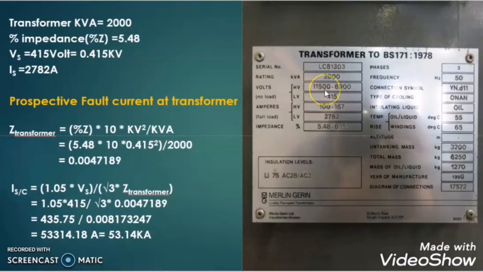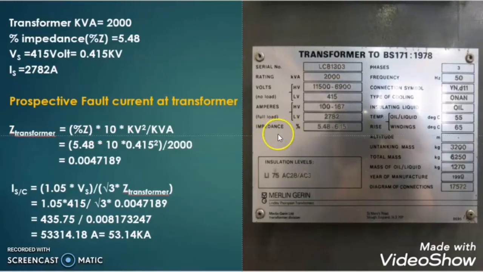The primary voltage is 11,500 to 6,900 and the secondary voltage is 415. The primary current is 100 when the transformer is set at 11,500 volt, and the primary current is 167 when the transformer is set at 6900 volt. So this information you will easily get from the transformer.